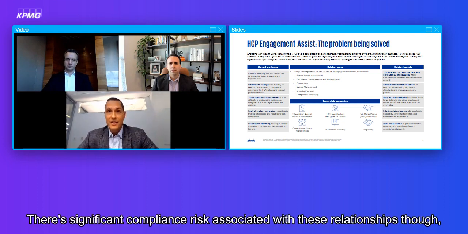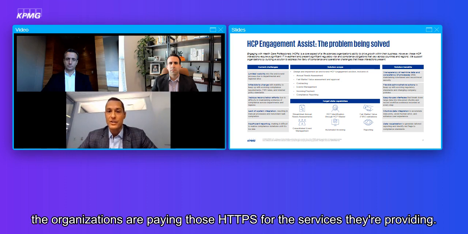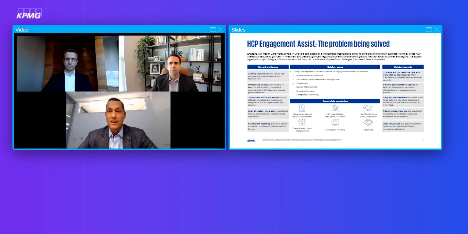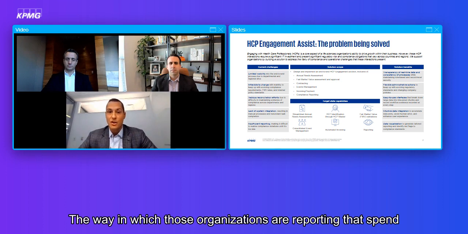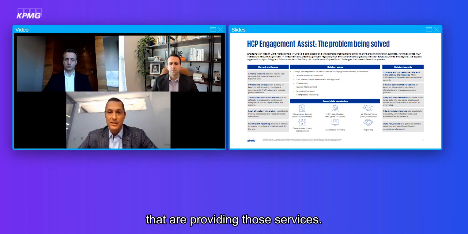There's significant compliance risk associated with these relationships, though, whether that be risks around the amounts in which the organizations are paying those HCPs for the services they're providing, the way in which those organizations are reporting that spend to the government, or even the qualifications of those HCPs that are providing those services.